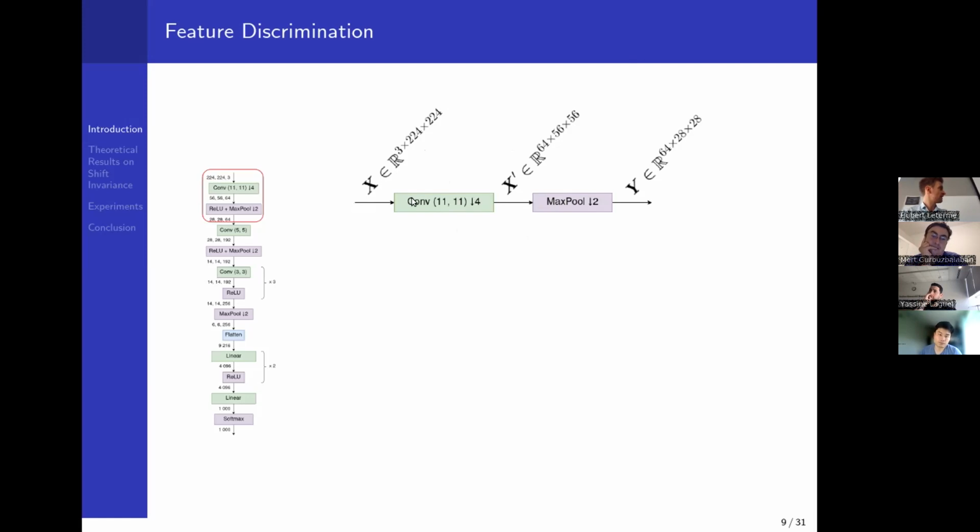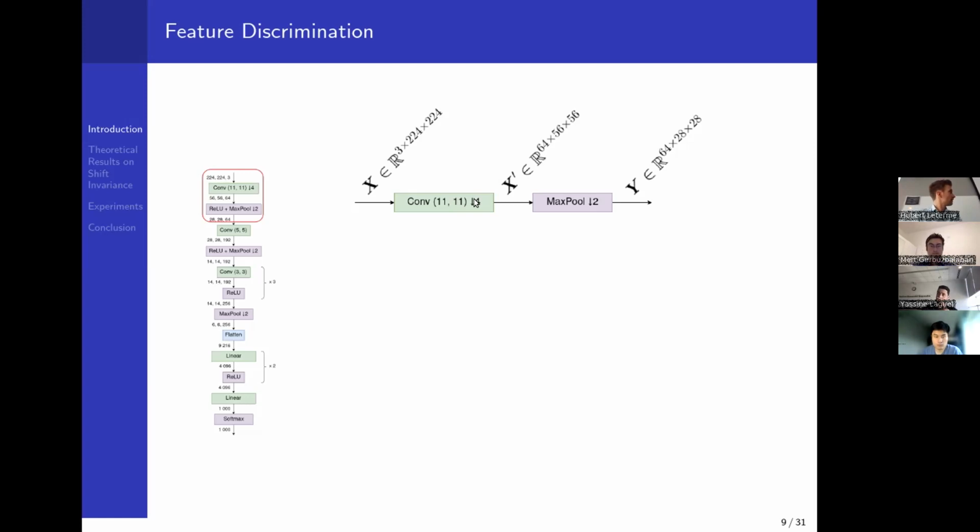In the case of AlexNet, the example shown here, we have 64 output channels, each corresponding to a specific convolution kernel of size 11 times 11. So it's a matrix of size 11 times 11, and the subsampling factor is equal to 4.